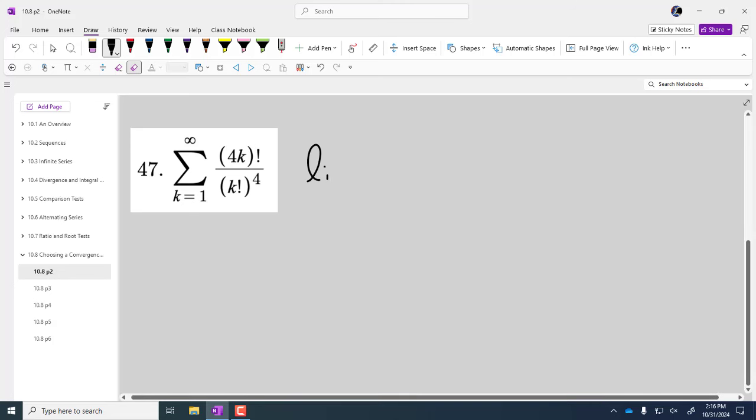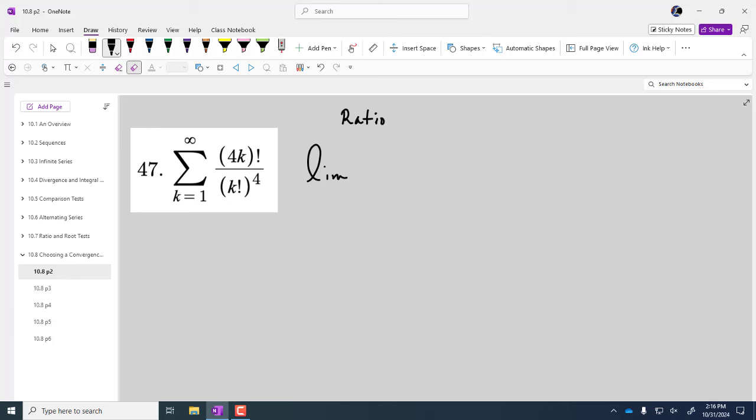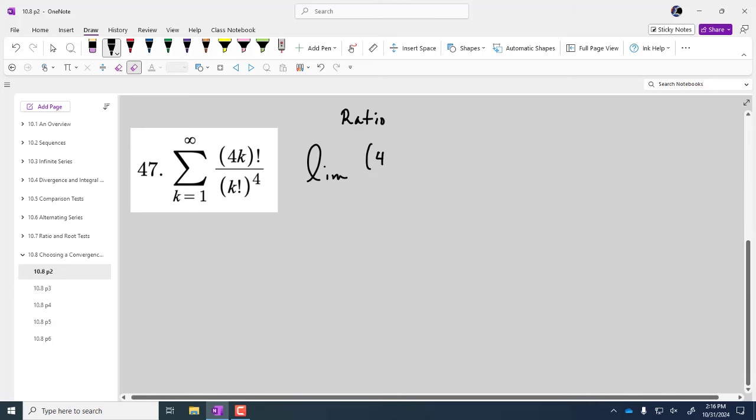So we're going to say the limit. The ratio test says take the limit of the ratio of consecutive terms. So we want the term that's a little further down the road, the next term, divided by this term. So we're going to put in a k plus 1 for the k. So isn't that first part here going to be 4k plus 4 factorial over k plus 1 factorial, raised to the 4th power?